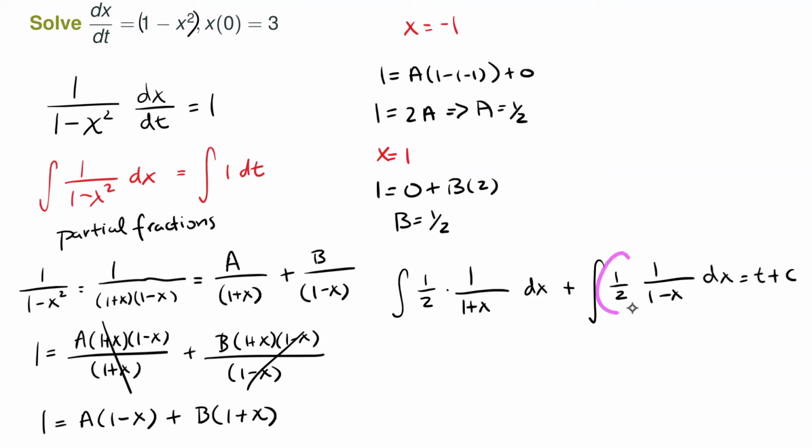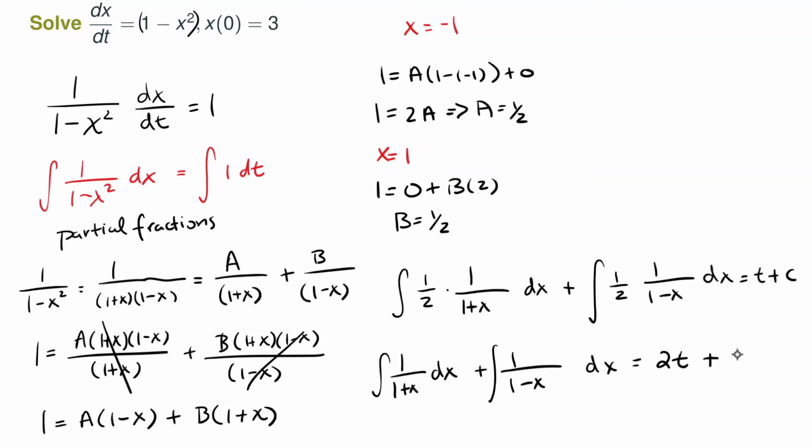Now as there's a 1/2 on both sides, let's factor that out and multiply both sides by 2. We get the integral of 1 over 1 plus x dx plus 1 over 1 minus x dx equals 2t, and I'm just going to leave it as plus c. We'll have our constant absorb the 2 multiplier.